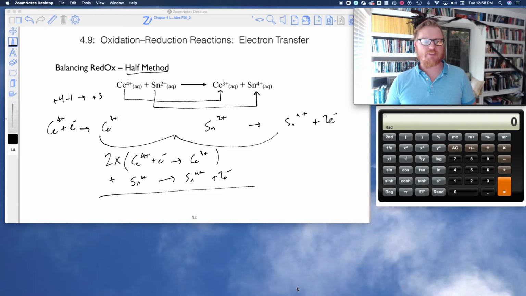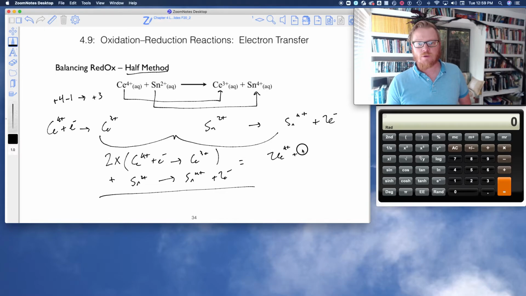Okay. I have to multiply this entire reaction by 2. And when I do that, okay, we'll say equals, right? I've got 2 of everything now. Okay?